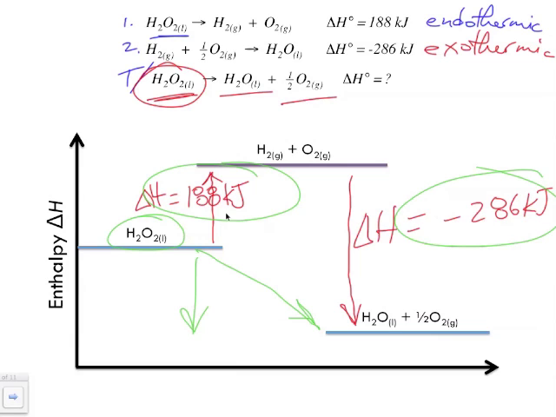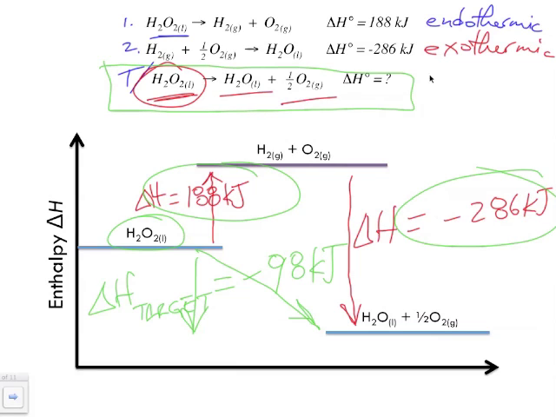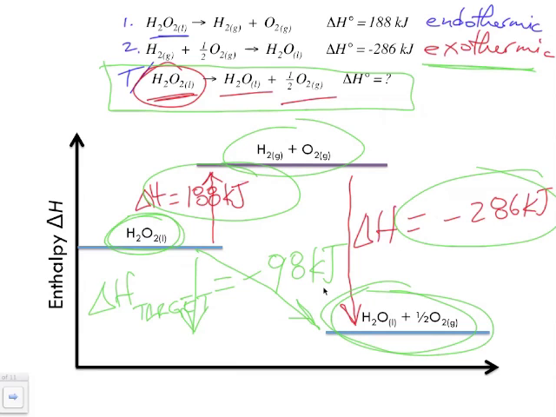If we add these two together, we get the change in enthalpy for our target, which is equal to minus 98 kilojoules. So we know this overall target equation is also exothermic, as it's giving off heat, but it's not giving off as much heat from here to here as it does from here to here.